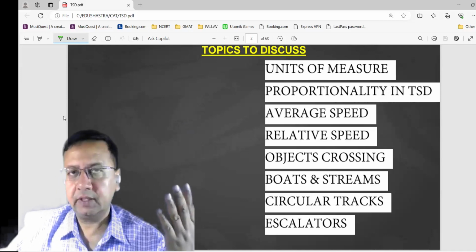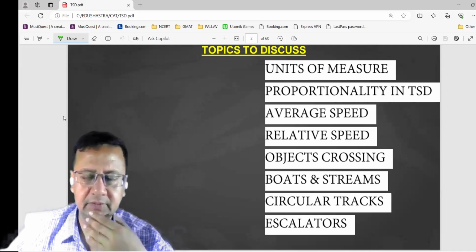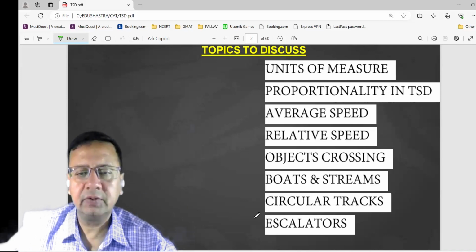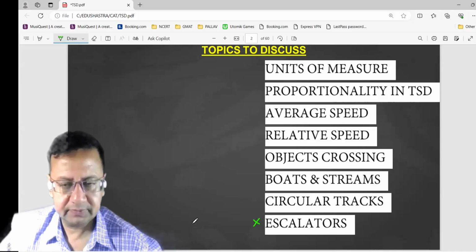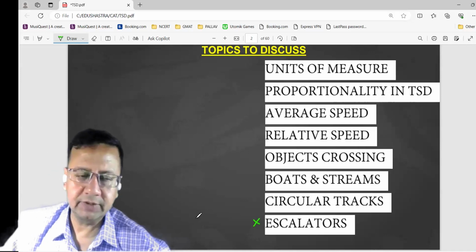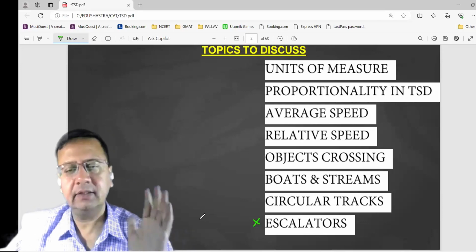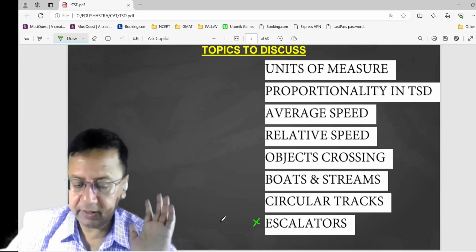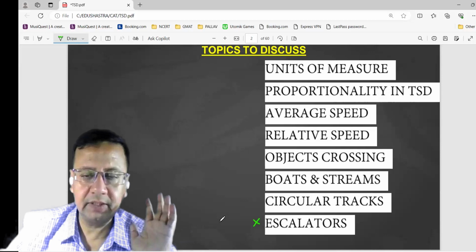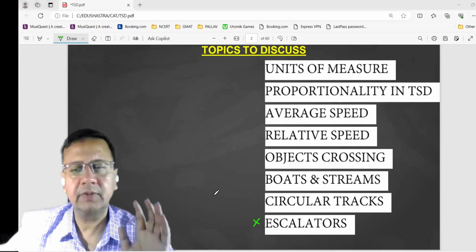Now, if you're targeting an international exam, GMAT or GRE or some other exams, this last topic, escalator, is not there in the GMAT or GRE examination. But if you're targeting any other Indian examination, this escalator is always there. Depending on the examination, the level of difficulty is different for the question, but yes, questions are there, right? Okay, so now moving further.